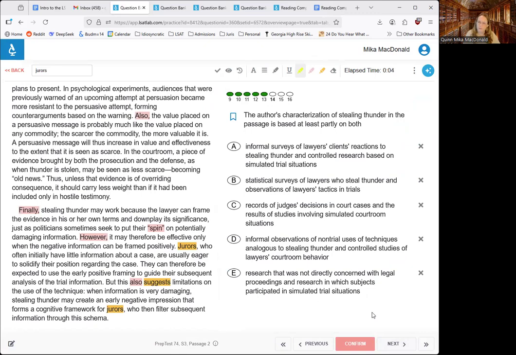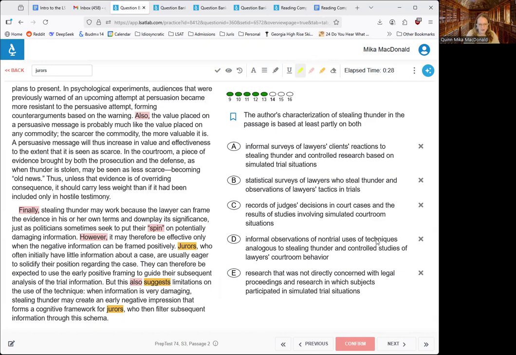Okay. So now this is again, I think, just a detail question, right? What is the author's characterization based on? And I think we all have this deeply in our head, right? It's psychological research that is relevant but not specifically about stealing thunder and simulated trials. So I'm gonna look for that.